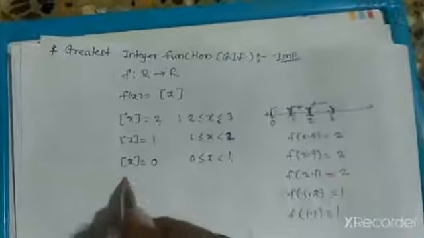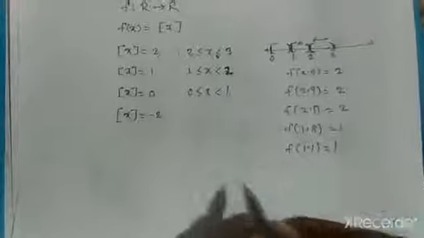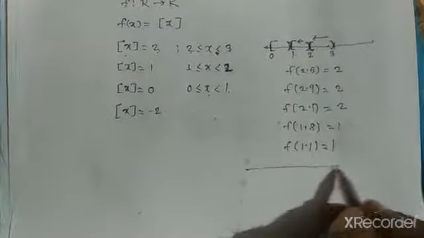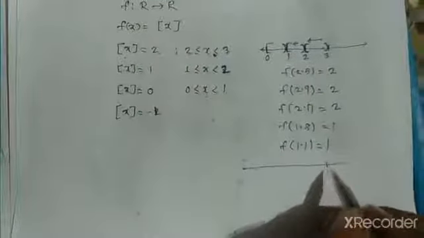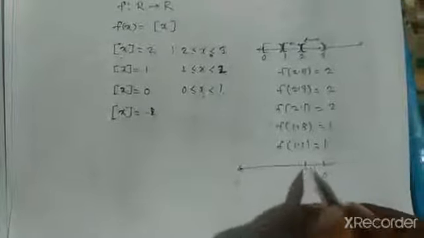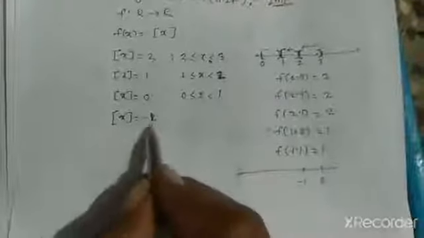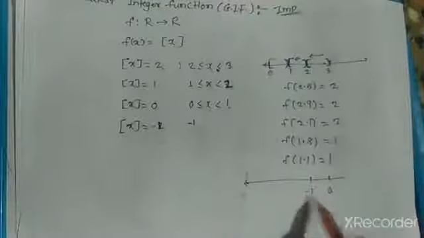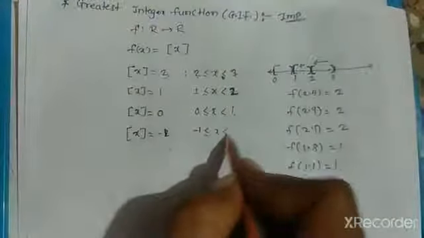Okay, so for negatives we consider the same pattern, that means for x is equal to -1. If you draw on a real line, here we draw again a real line for negative terms. Here it is -1, here it is 0, and near after that it is -1. So when the value is -1, the interval starts from -1, because between -1 and 0 the smallest value is -1, so it will be -1 less than or equal to x less than 0.